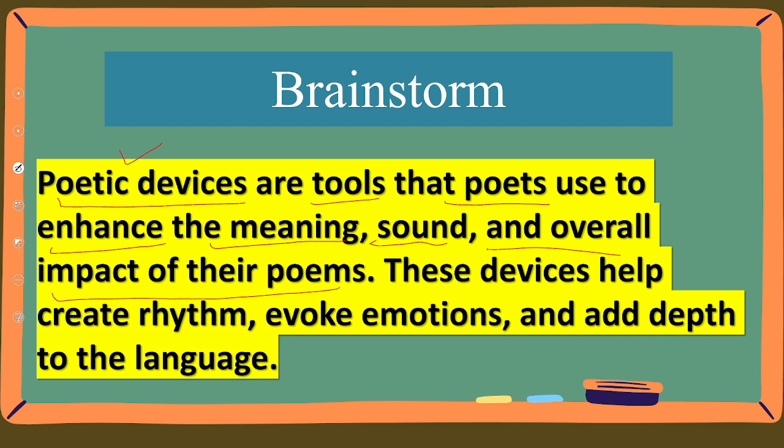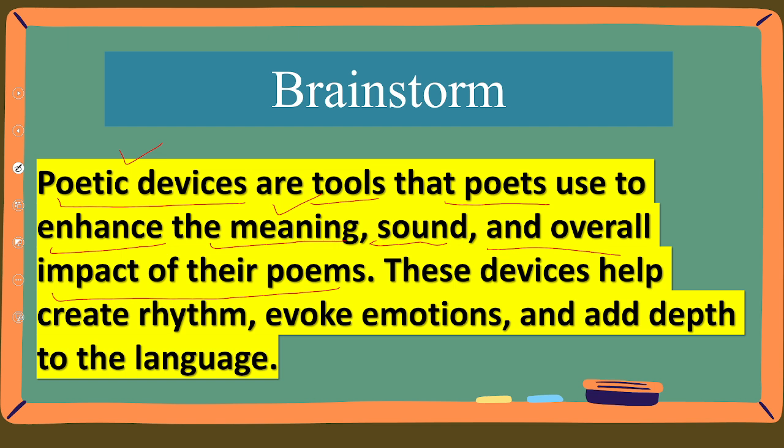Now, there are different purposes for using these poetic devices. First of all, we elaborate and enhance the meaning of the words and also the message of the poem. Then we know that poetry is made up of rhythm and different sounds.